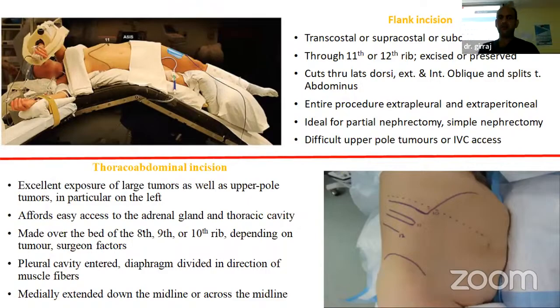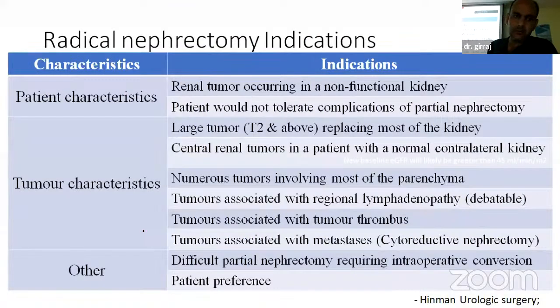Radical nephrectomy indications. The various indications of radical nephrectomy: renal tumor occurring in a non-functioning kidney; patient would not tolerate complications of partial nephrectomy; large tumor, T2 or above, replacing most of the kidney; central renal tumor in a patient with normal contralateral kidney.